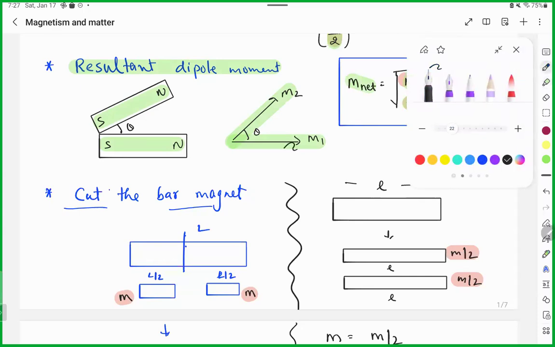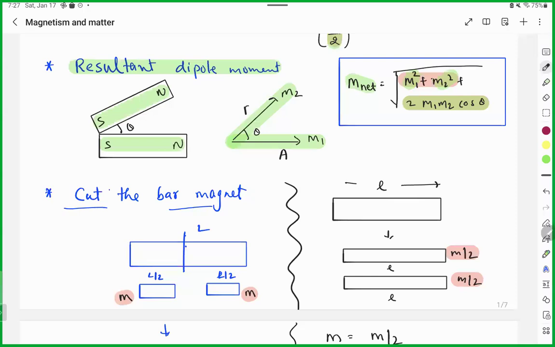Example, if this is A, this is B, and theta between them, their resultant will be the square root of A square plus B square plus 2AB cos theta. Understood? Almost same.